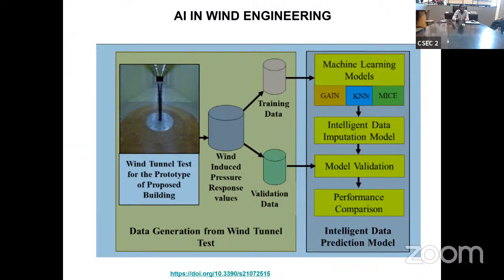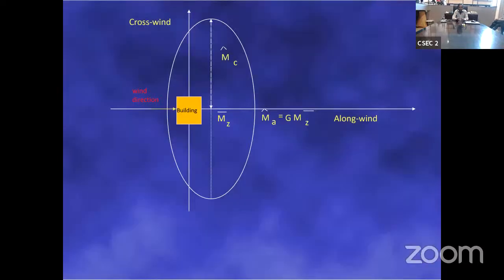But for the wind tunnel test, I'll leave it to another day to talk about how AI can be incorporated into wind tunnel testing and give better predictions. That's coming in a big way at the state of the art. You will see a bit more AI coming into our wind designs in the future for high-rise structures.